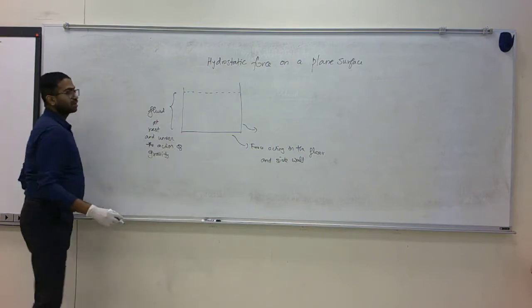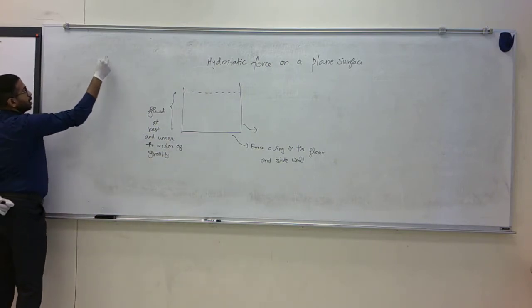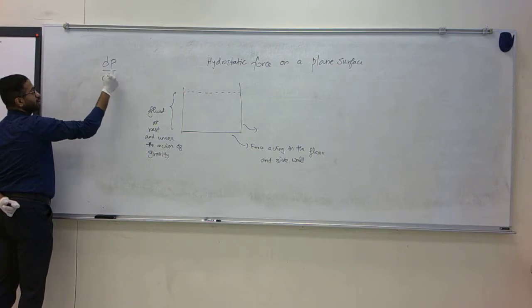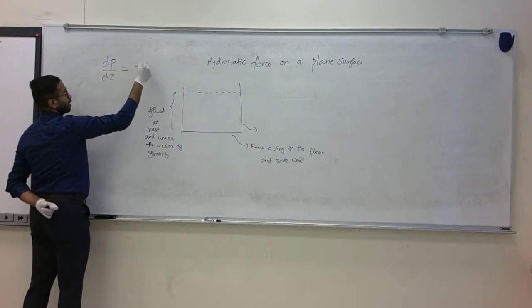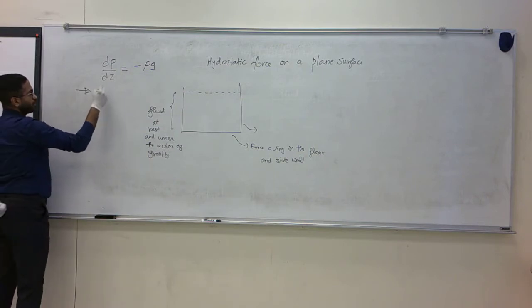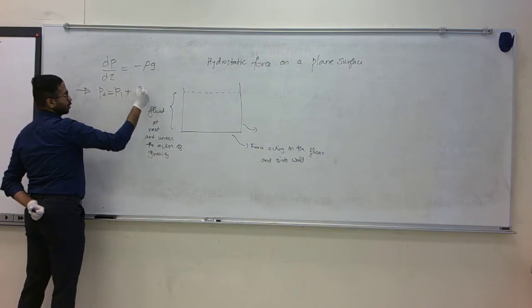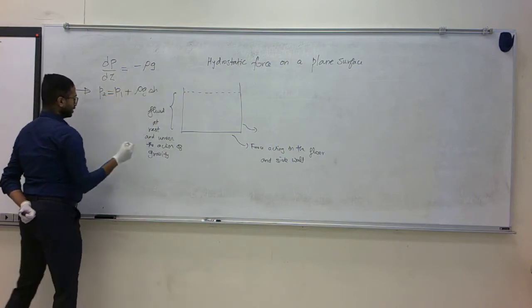Now we did see in the previous two parts that the pressure varies with height. The rate of change of pressure is minus rho g, which leads to P2 equals P1 plus rho g delta H.